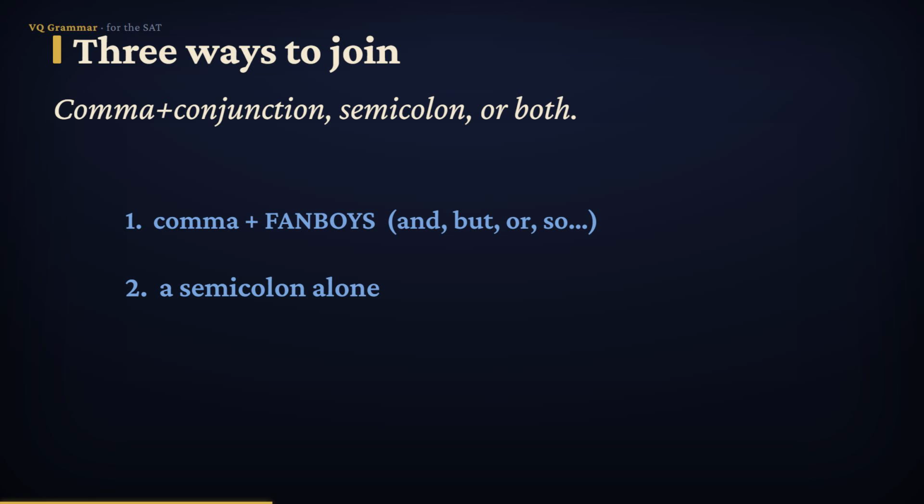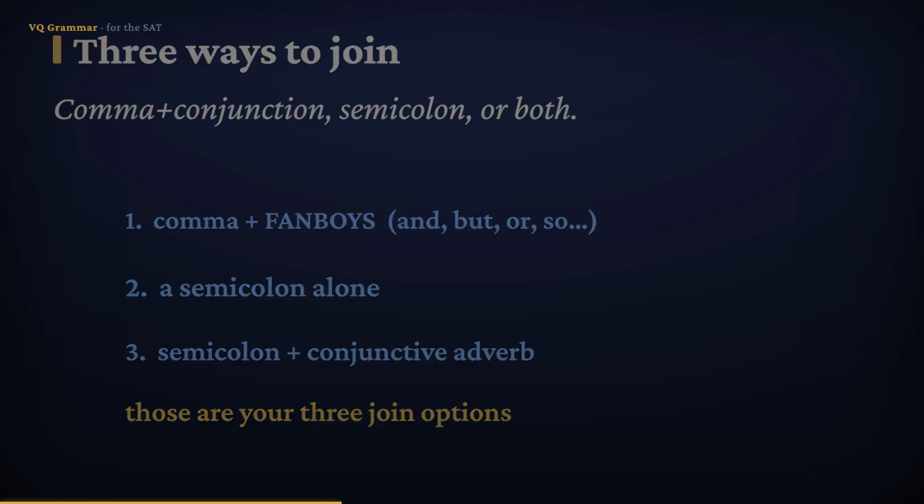Theo can't hear his alarm, semicolon, his dog wakes him. 3. A semicolon plus a conjunctive adverb, like however or therefore. Theo can't hear his alarm, semicolon, however, comma, his dog wakes him. Comma and conjunction, semicolon, or semicolon and conjunctive adverb. Those are your three options.